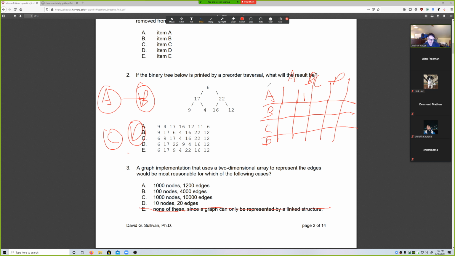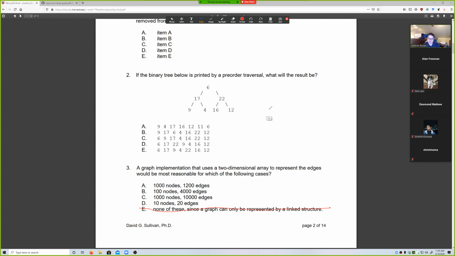Whereas for a linked structure, we would have a map that says here's the key A, the value is B, B is linked to A, C is linked to nothing, and D is linked to nothing. So very little wasted space there.